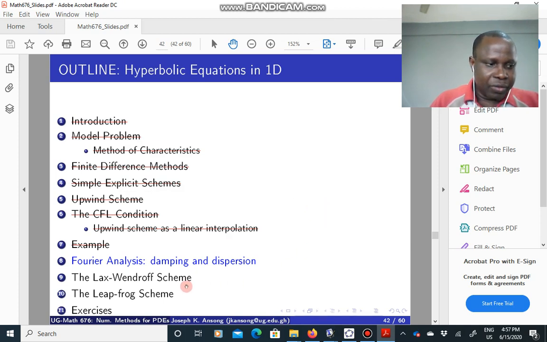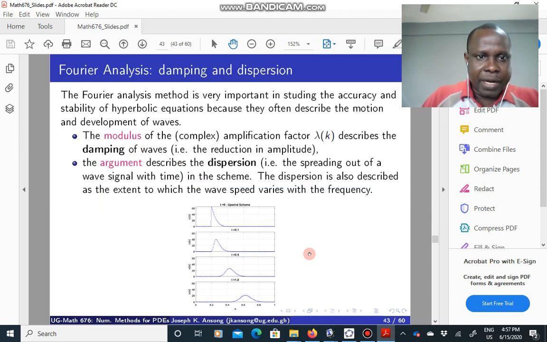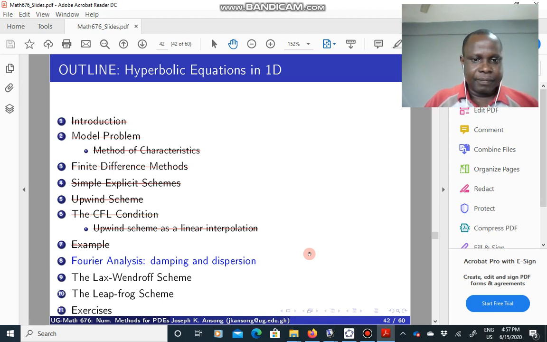You can use Fourier analysis to analyze why there is damping and why there's dispersion in this case. I would like to do that in my next video because that will probably take more time than I have now. So I'll discuss that next.